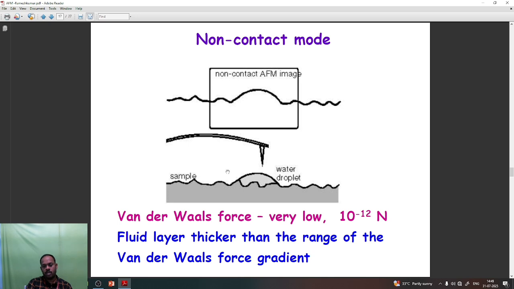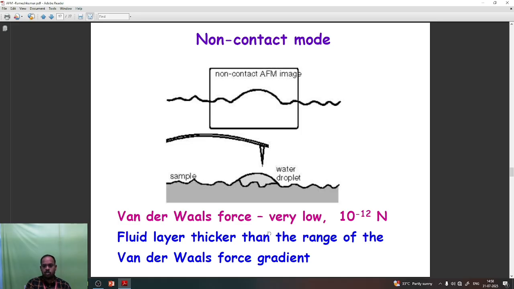But if there are any water droplets or liquid drops on the sample surface, this will give an unwanted three-dimensional image, and will not obtain a real topographical image of the sample. It will also carry the image of the droplet. So this is a drawback of non-contact mode. But neither the sample surface nor the tip will be damaged.